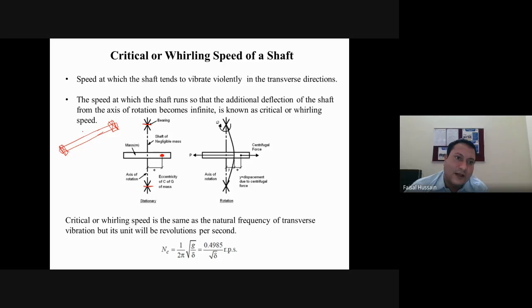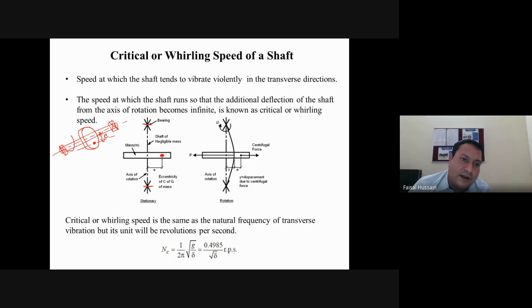Okay. And here, this is your rotor. This is the axis of the shaft. So somewhat the CG of this rotor is eccentric.